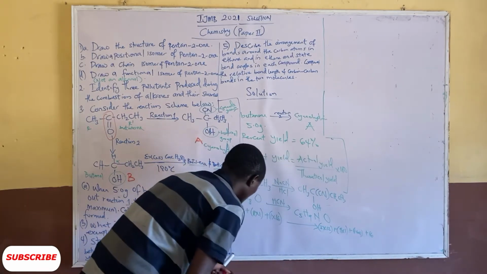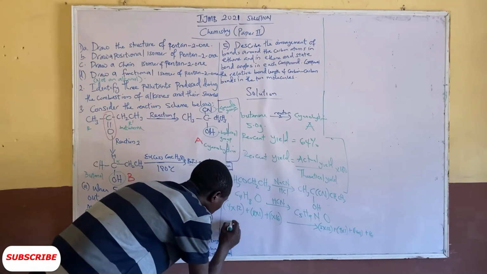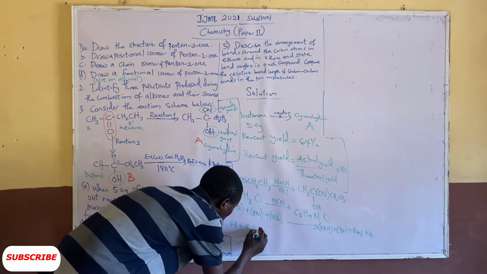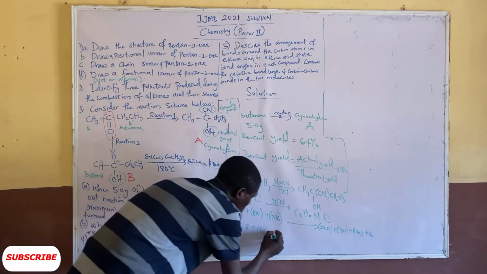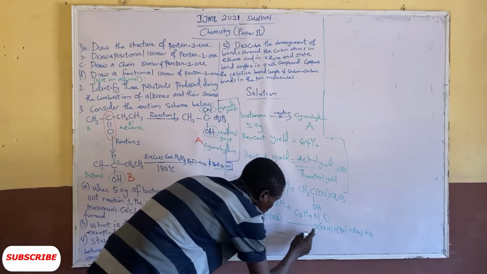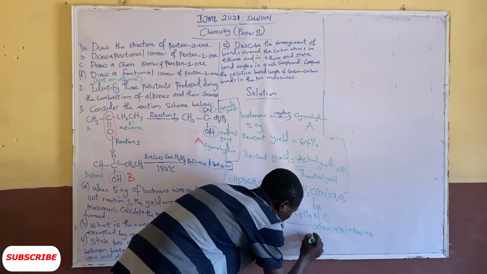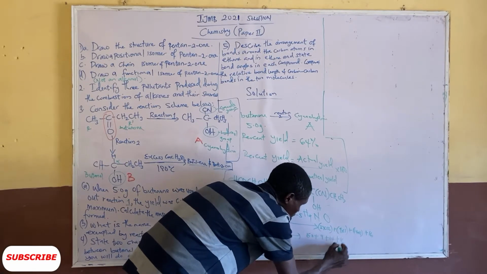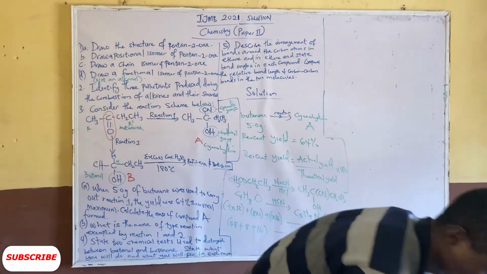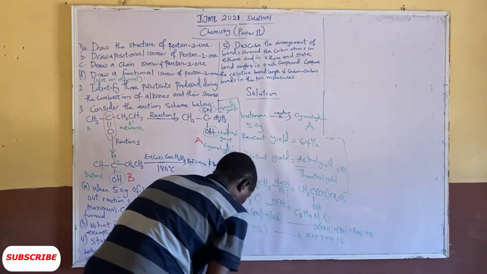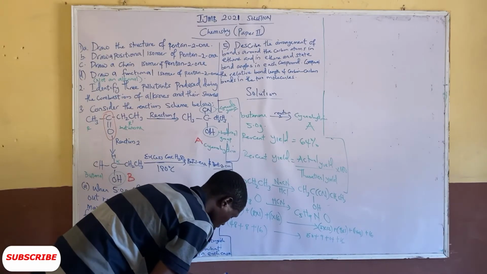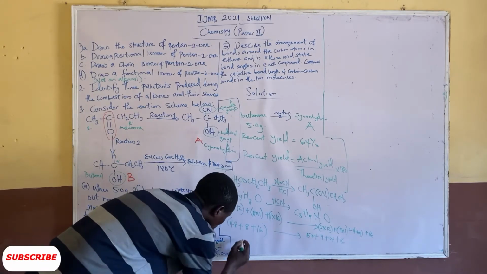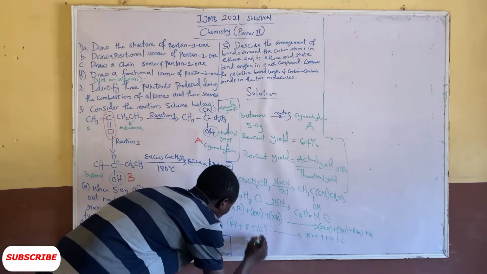So this one is 48, this one is 8, this one is 16. When you add 48 plus 8 plus 16, this is 72 grams of this compound.